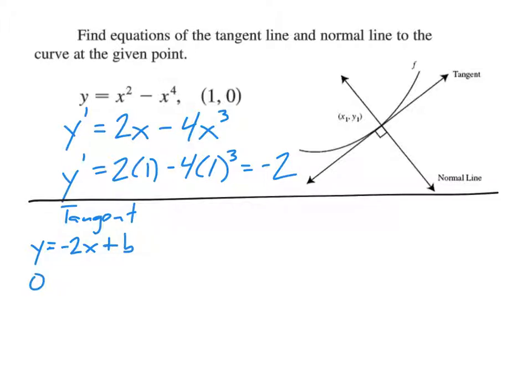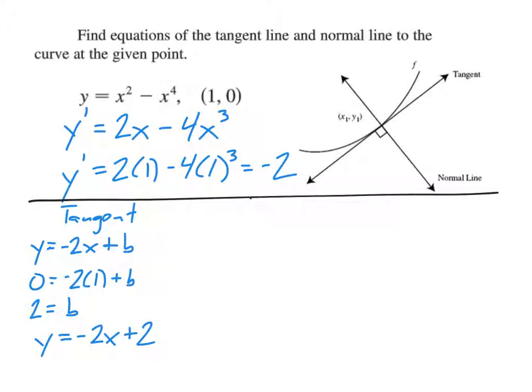I'm going to go 0 equals negative 2 times 1 plus b. Negative 2 times 1, of course, is negative 2, and so I'm going to add that 2 to both sides. So I end up finding that 2 equals b. Therefore, the equation of the tangent line is y equals negative 2x plus 2. And there's the equation of the tangent line.